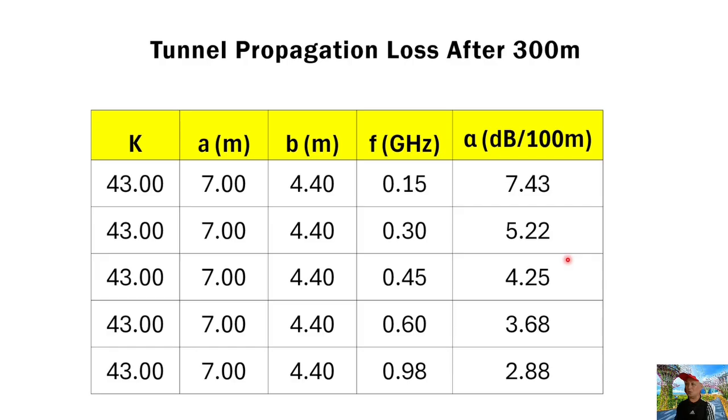So you see for 450 megahertz, the propagation loss per 100 meters is 4.25 after 300. So this one we can calculate this way, and this calculation actually is quite accurate. We can see from the next slides because I did some of the tests.